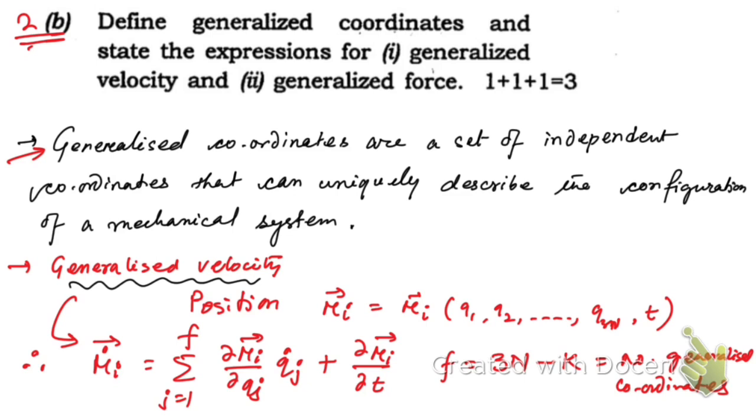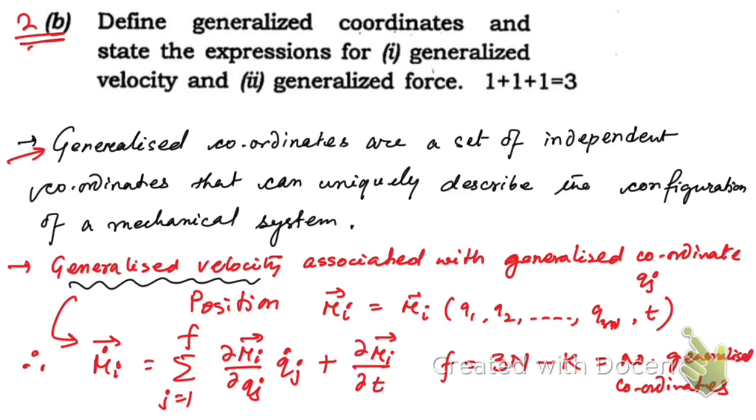Now you see here the generalized velocity associated with a particular generalized coordinate Qj is this.